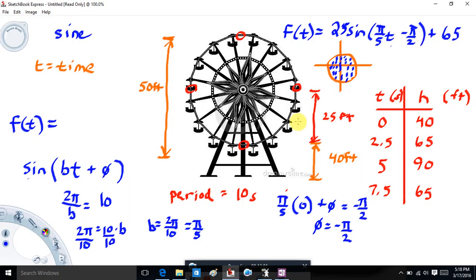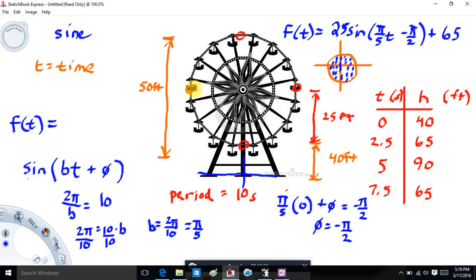Okay, if you think about the graph and the origin being right here, this graph has been shifted vertically by 65 feet to the new, what they call the midline of the function.